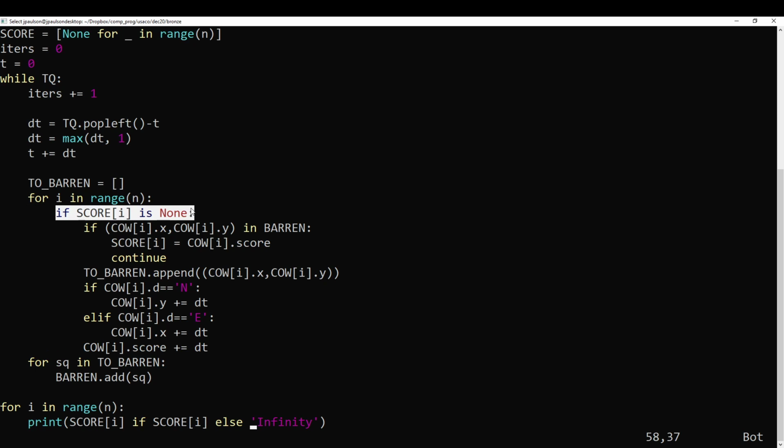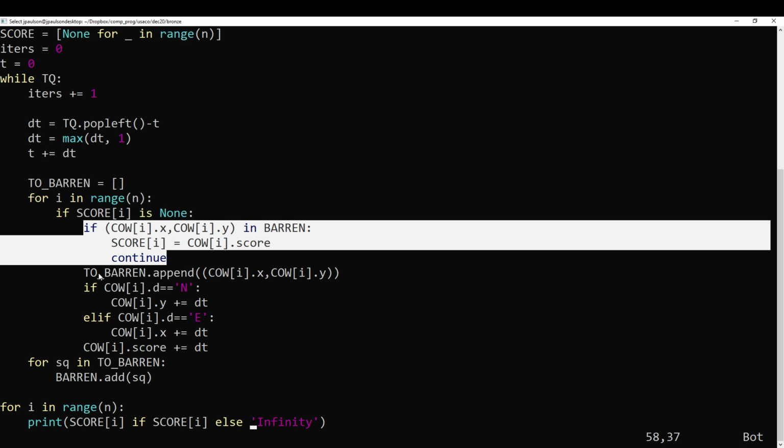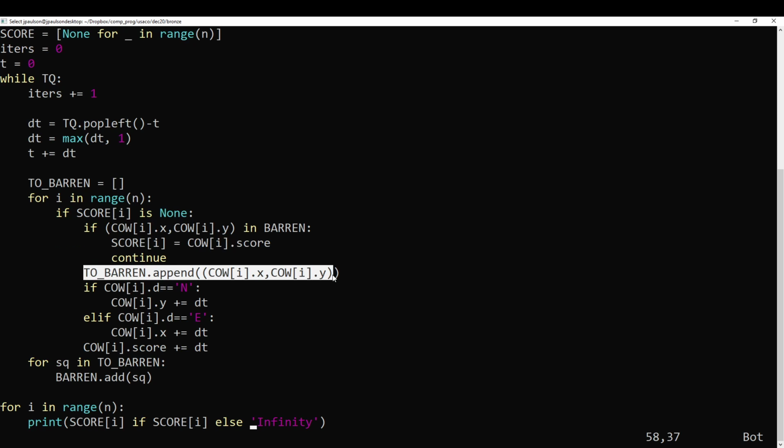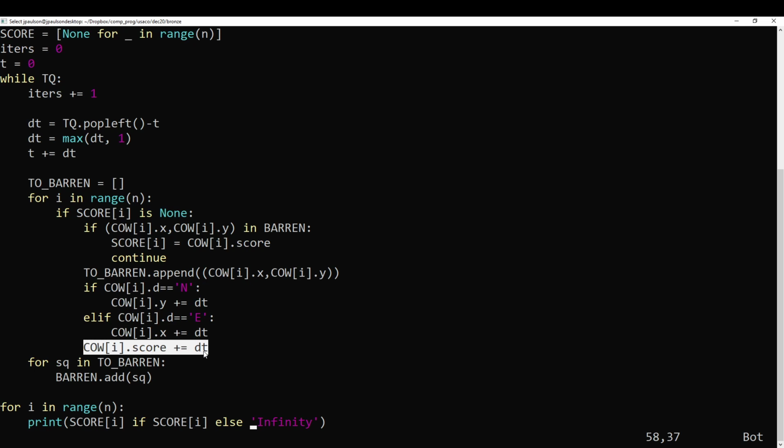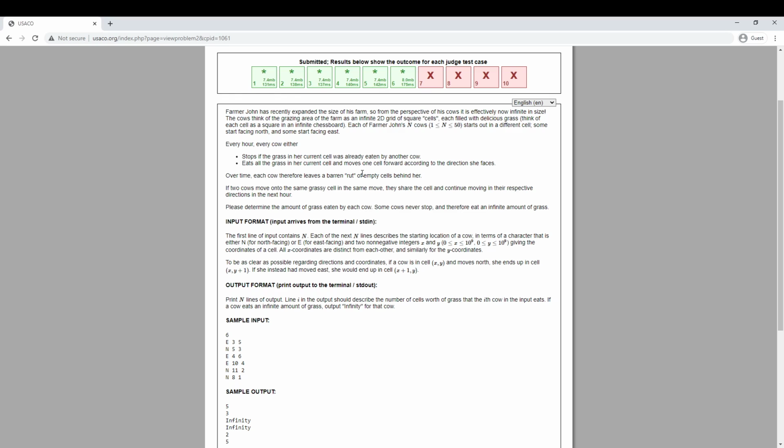If the cow has not already stopped, check if it needs to stop. Mark down that it's going to eat the current square. Step forward in your direction and get credit for the movement that you did. Right, so we're saying the score is the total movement rather than the total number of cells eaten, but it's the same, because you don't get to eat the final cell that you move to.